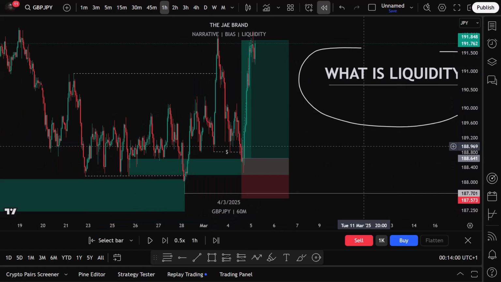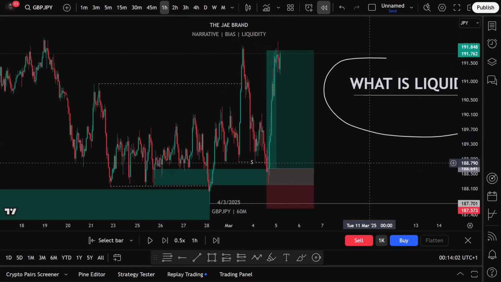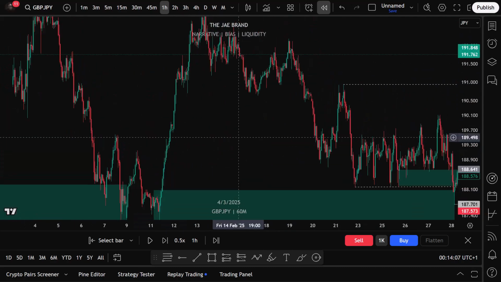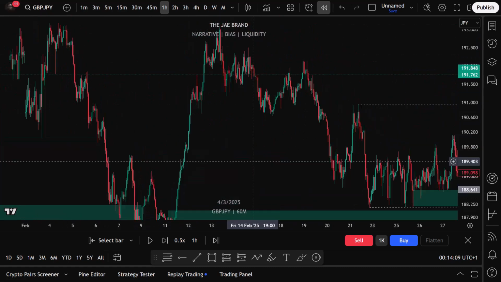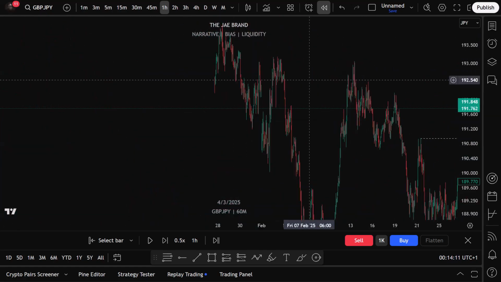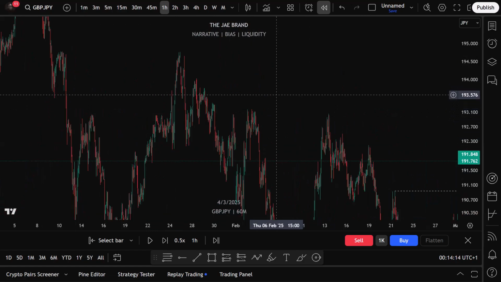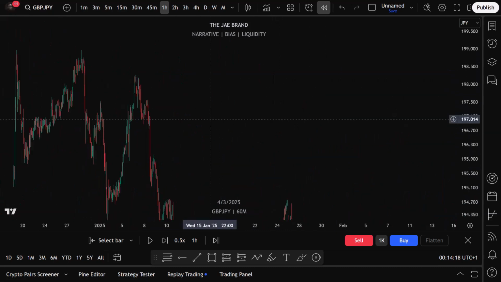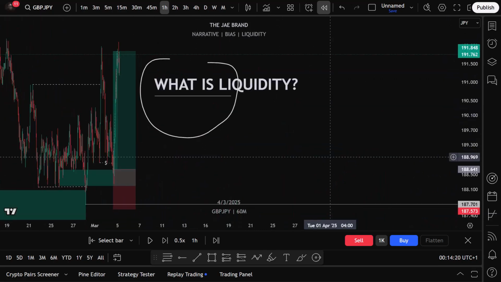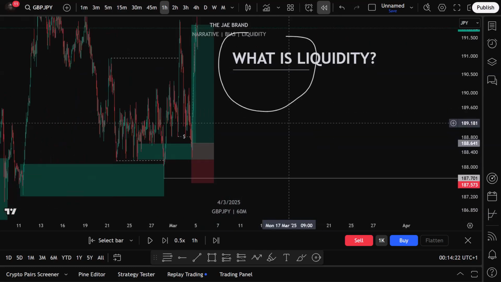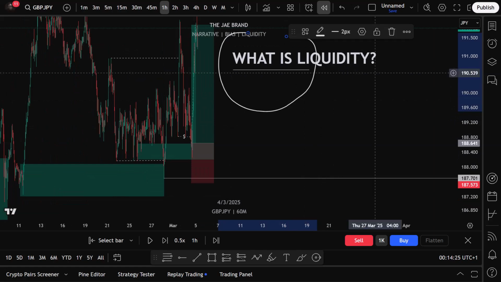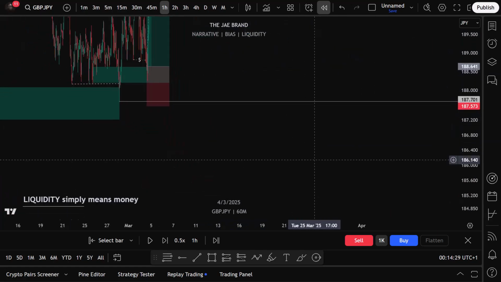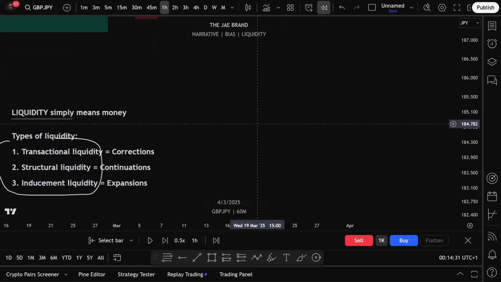Whenever price breaks structure to the upside or to the downside, just know that transactional liquidity has been taken. Let me see if I can get other examples. Well, let's continue, I will explain more as we progress in this video. So that's everything about transactional liquidity.